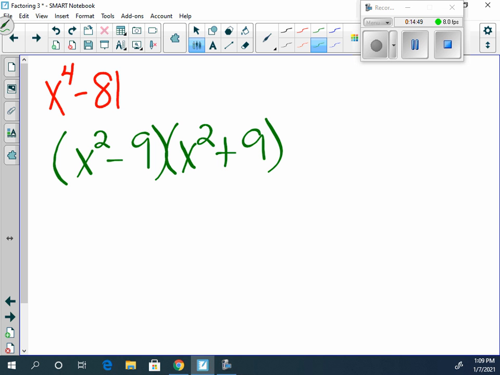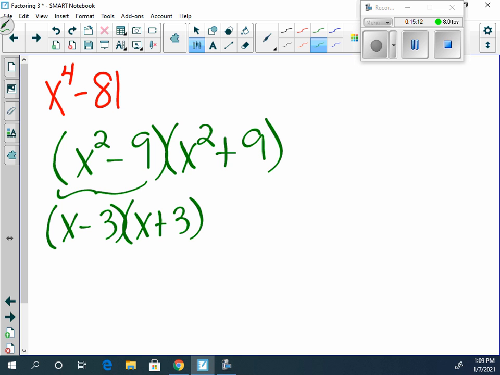Well, when I look at this here, difference of perfect squares is 2 things that are perfect squares being subtracted, yes? Our first one is x squared minus 9. x squared and 9 are both perfect squares. So I could rewrite this first one as x minus 3 and x plus 3. So we could factor that one down again because it's a difference of perfect squares.